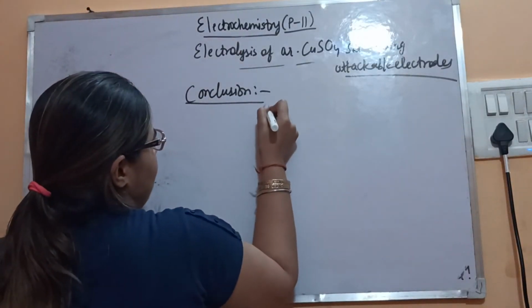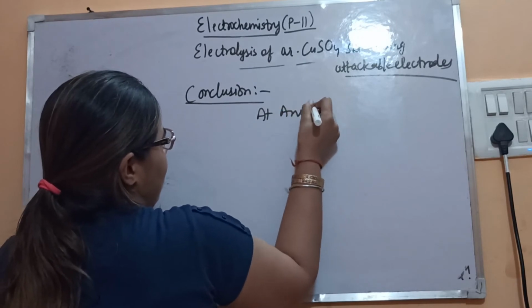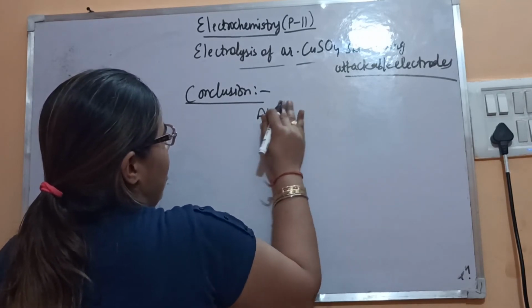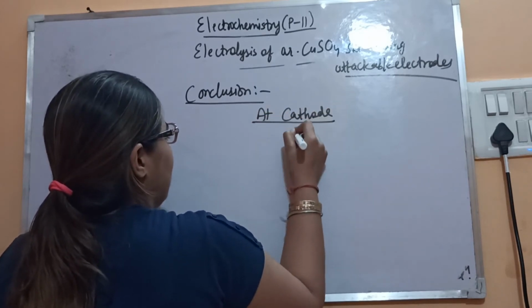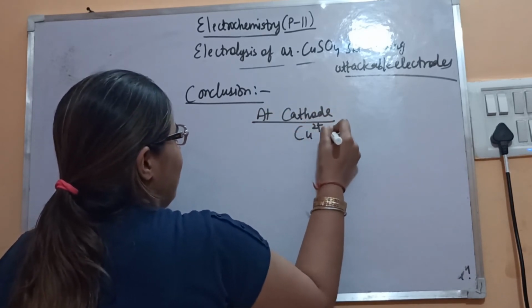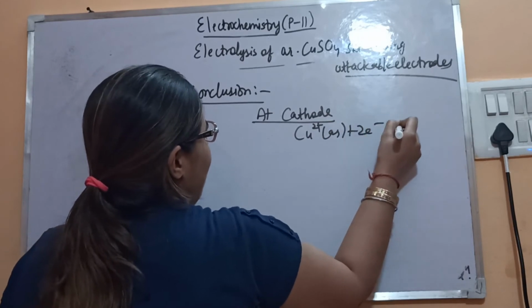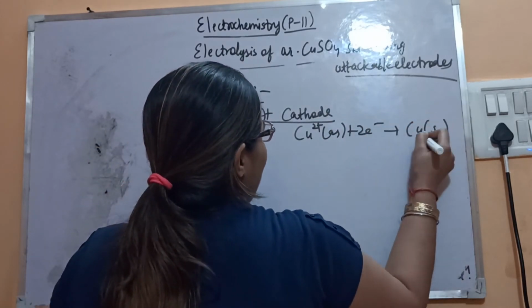At the cathode, Cu2+ ions from the solution accept electrons and get deposited in the form of copper.